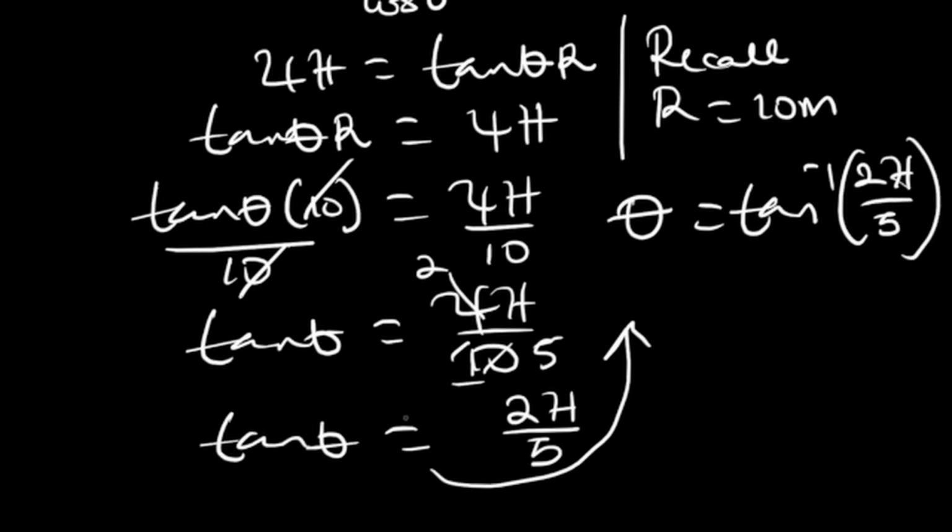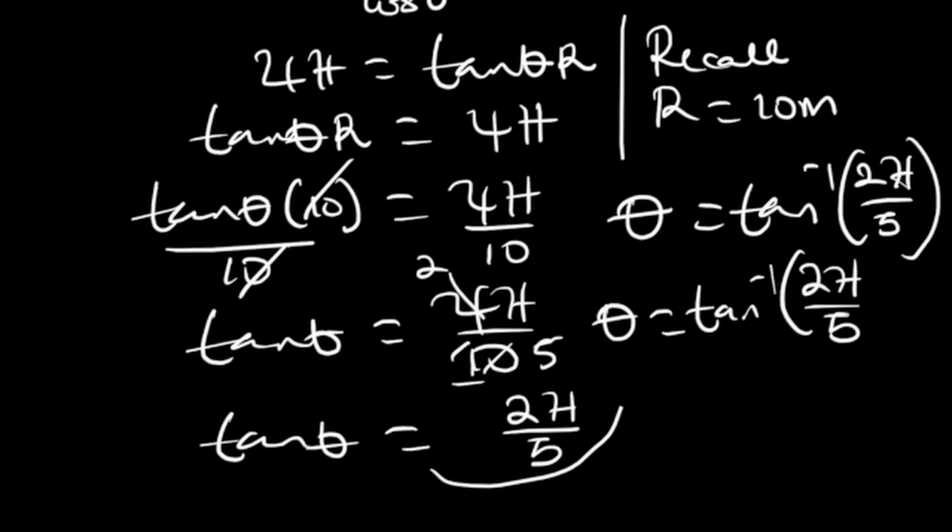Since it's tan, it's going to be tan inverse, so let's do that properly. We have that our theta is equal to tan negative 1 of 2h all over 5, hence shown.